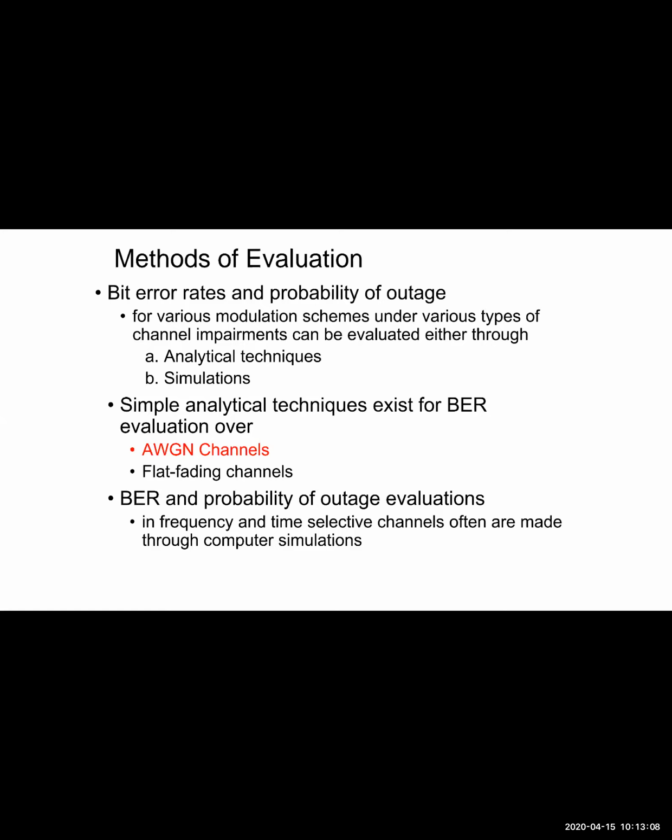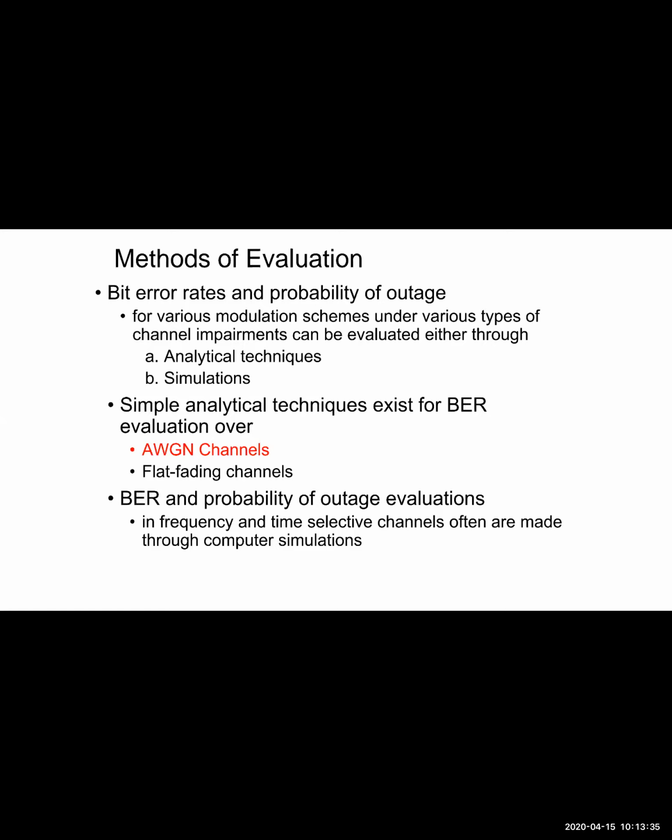Okay. So if you have an additive white Gaussian noise channel and you want to use the metric BER, that's bit error rate, it is straightforward. It lends itself to an analytical means of doing it. You can get equations for BER for the additive white Gaussian noise channel. When it is a flat fading channel, you can also analyze it analytically.